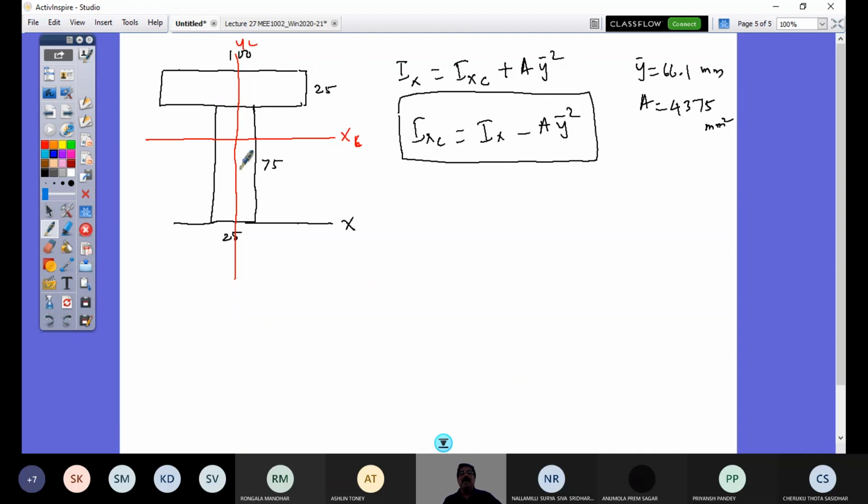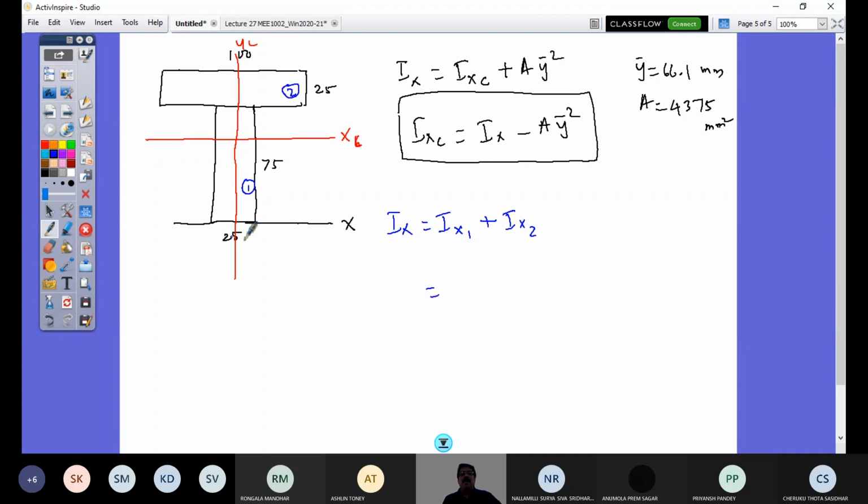Ix is for the entire T section about the x-axis, right? So how do I get IXC now? So let me first get Ix for this T section. That would be Ix1 plus Ix2. What is Ix1 plus Ix2? 1 is this area, 2 is this area.